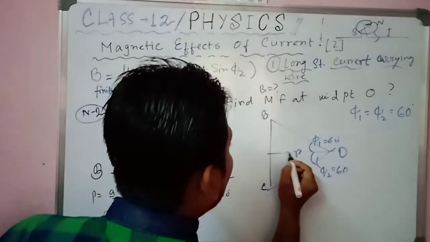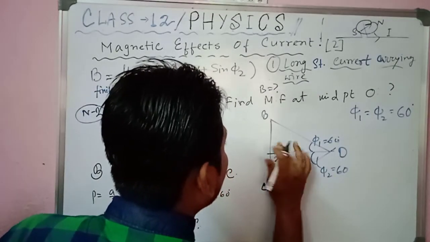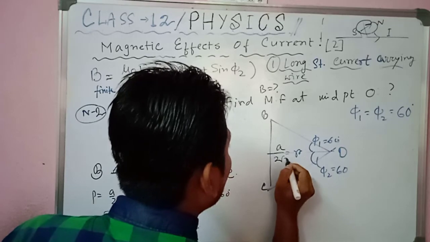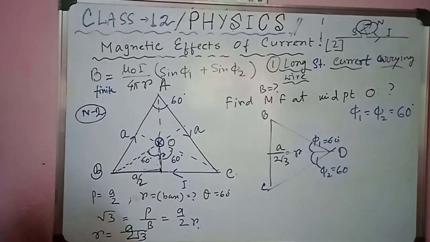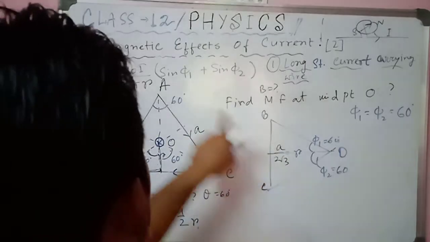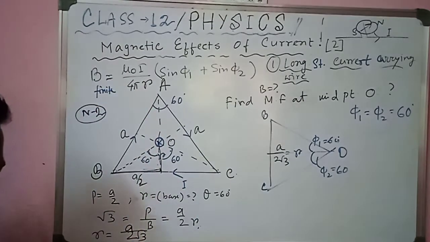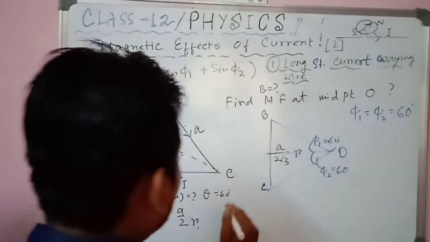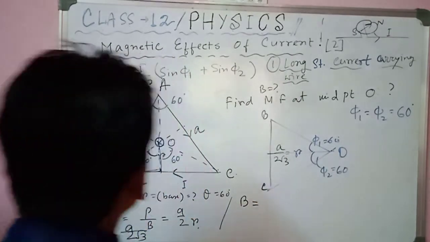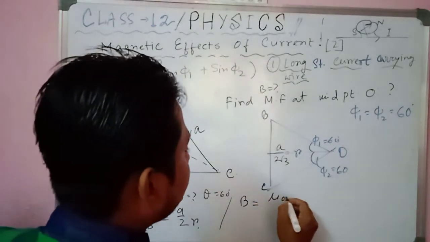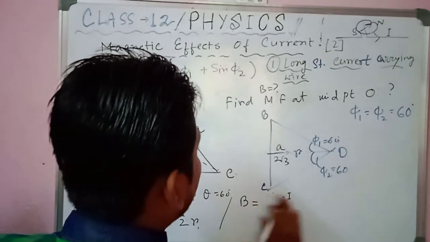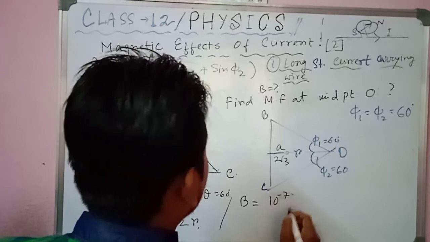So here R equals A by 2 root 3. Now just substitute this value in the equation for a finite wire. So for a finite wire, B equals mu naught by 4 pi, you know the value, 10 to the power minus 7.